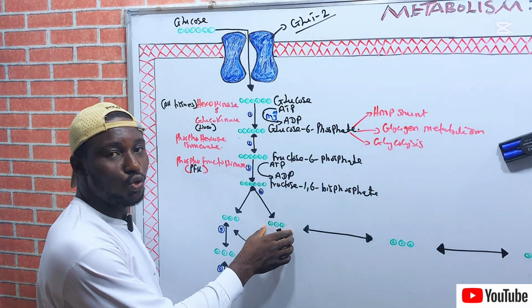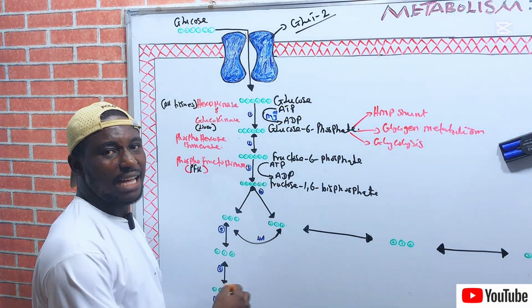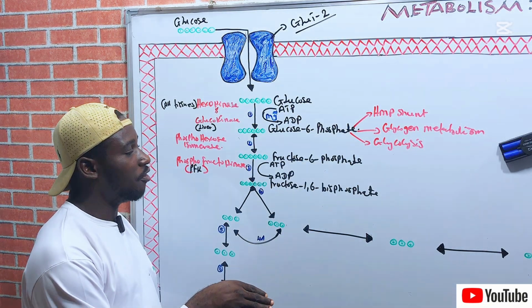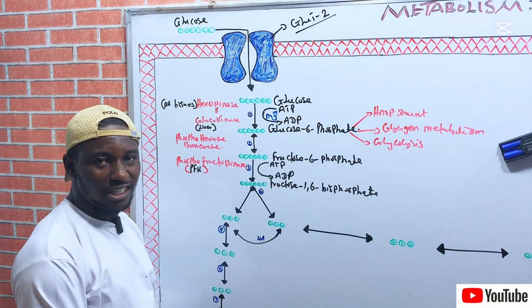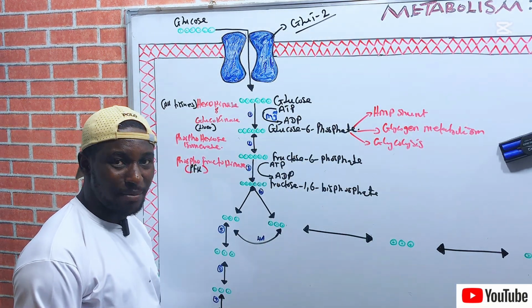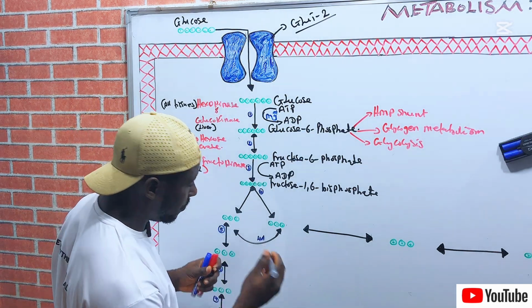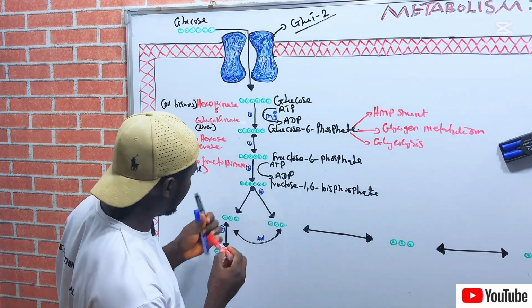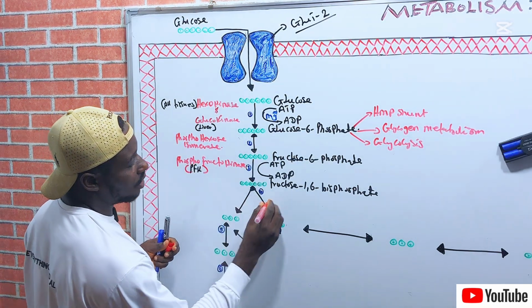These are the 2 molecules that will be generated as a result of the cleavage of fructose 1,6-bisphosphate by an enzyme called aldolase enzyme. It is a lyase enzyme, right? So the enzyme is aldolase enzyme.